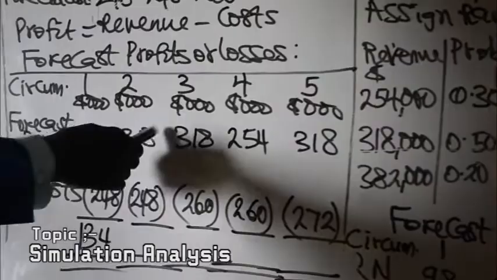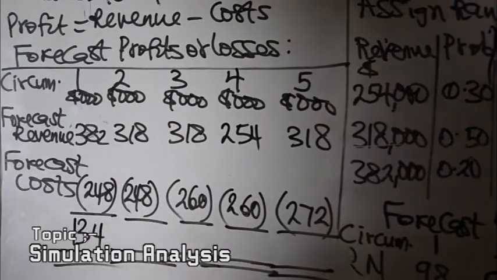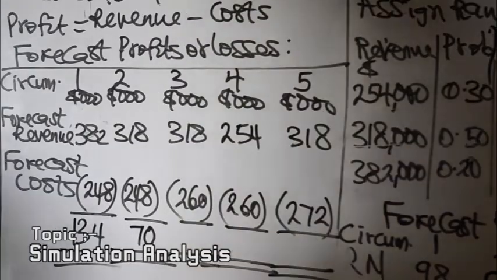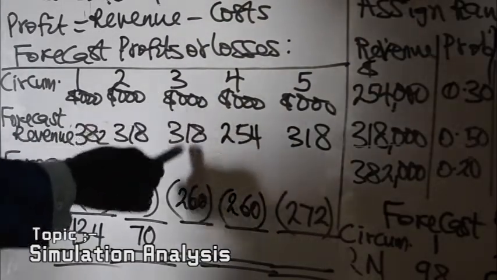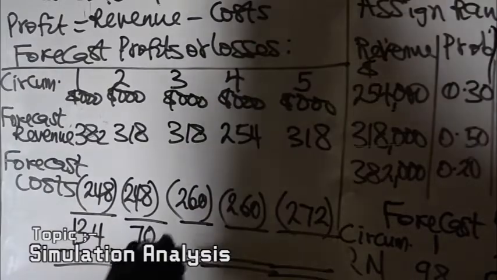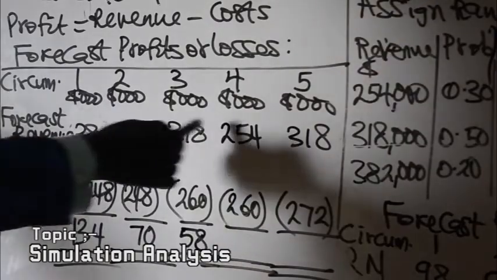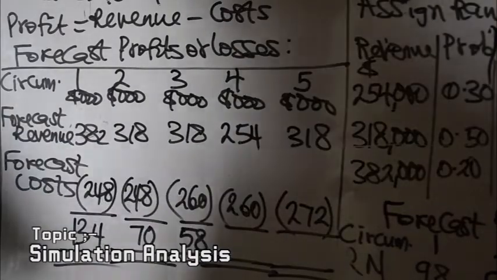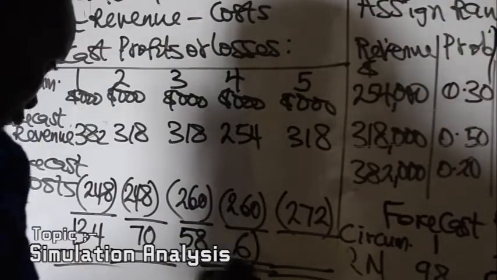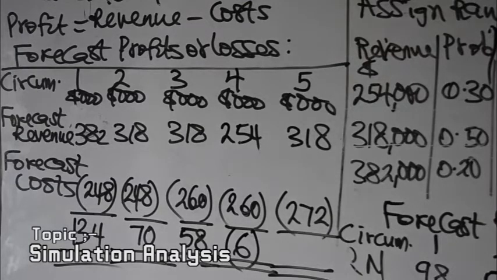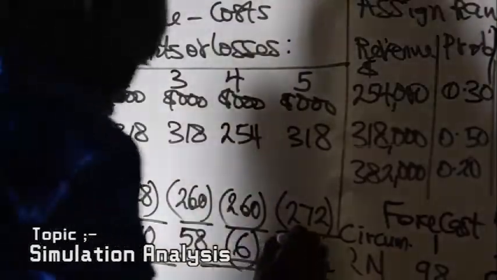Then 318 minus 248 gives us 70. 318 minus 260 gives us 58. 254 minus 260 gives us minus 6. That shows that this is a loss. Then 318 minus 272 gives us 46.